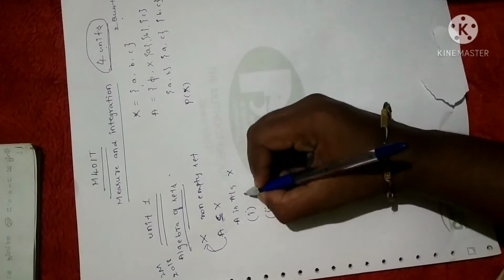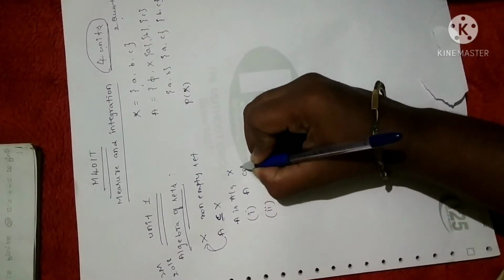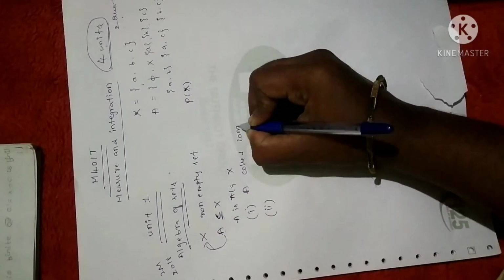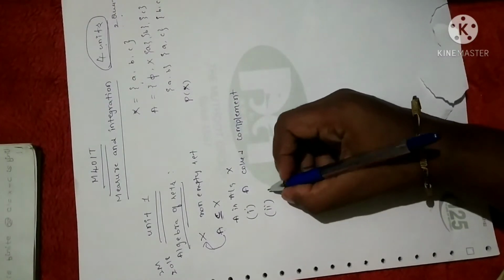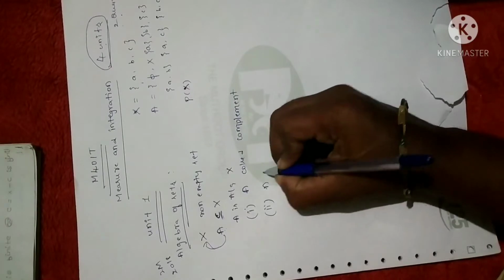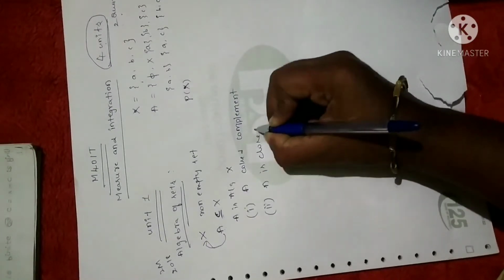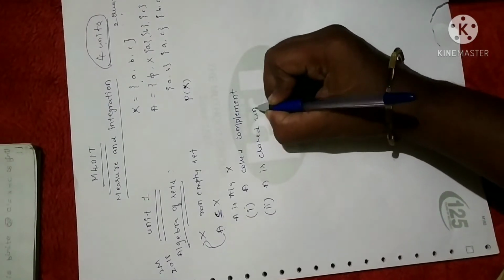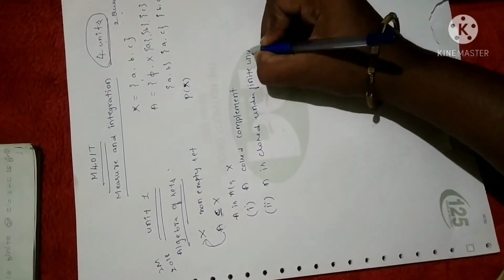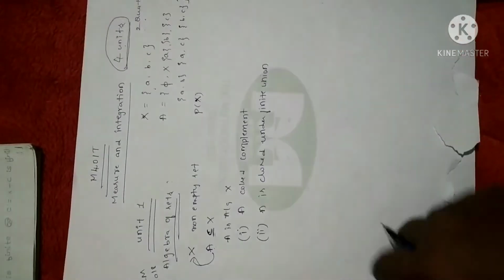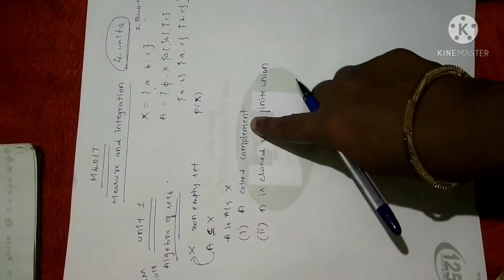First condition is that A should be closed under complementation, or we can say complement. Second condition, A is closed under finite union. See, first condition, A is closed under complementation.